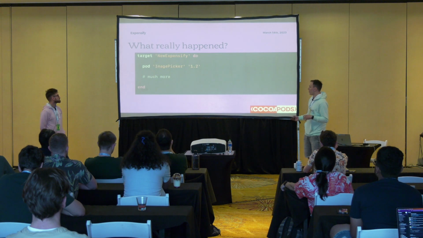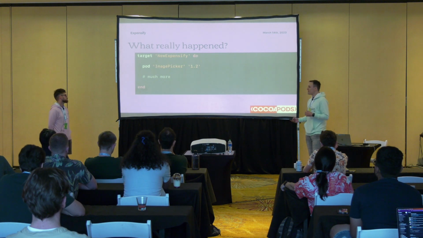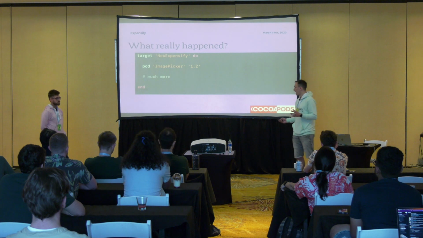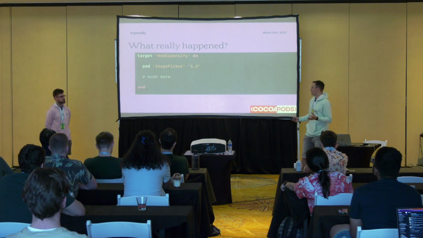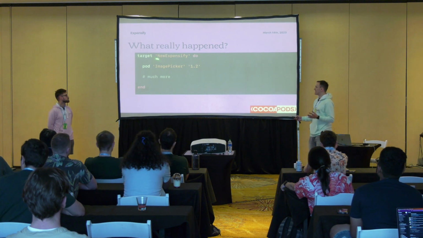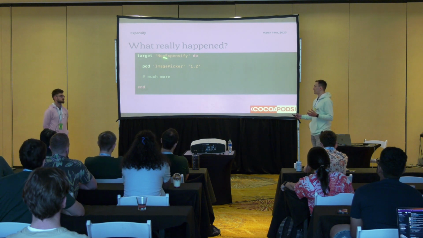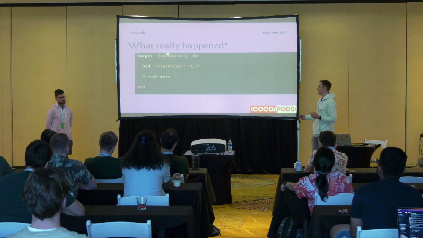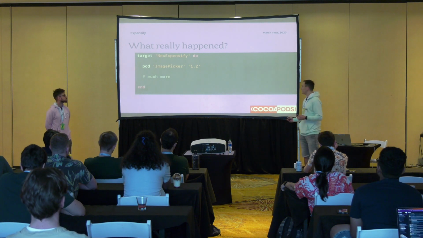And what about CocoaPods and pod file? It's pretty similar, maybe not as complicated, but not as powerful at the same time. You got this target, and this is also taken from your repository. So, for example, you have your new Expensify target, and you can execute a code block against this target.